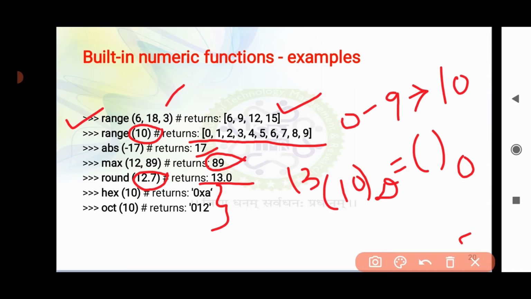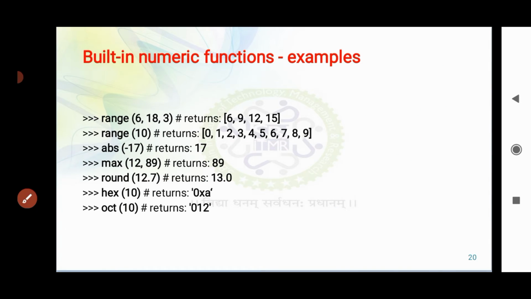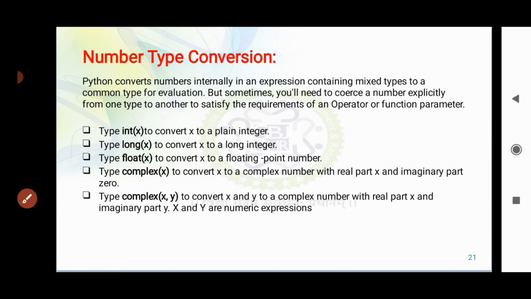Alright. So in this way, built-in numeric functions work in the Python programming language. Next we have number type conversions. What is the meaning of number type conversion? The name itself suggests that one type of number will be converted into another type.